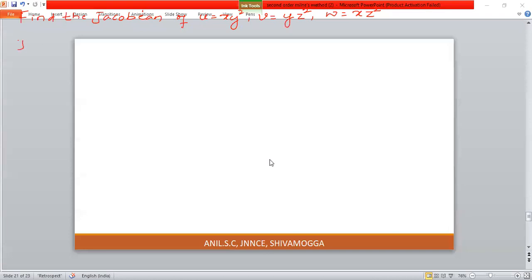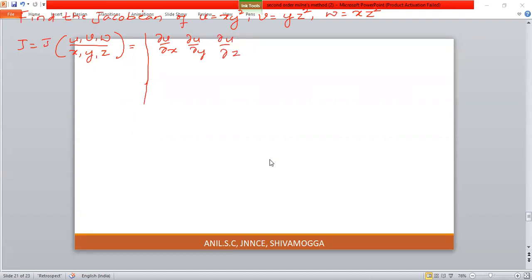Jacobian is denoted by the symbol J, or I can write J of u, v, w divided by x, y, z, or del of u, v, w divided by del of x, y, z. It is given by the determinant whose first row is del u by del x, del u by del y, del u by del z.